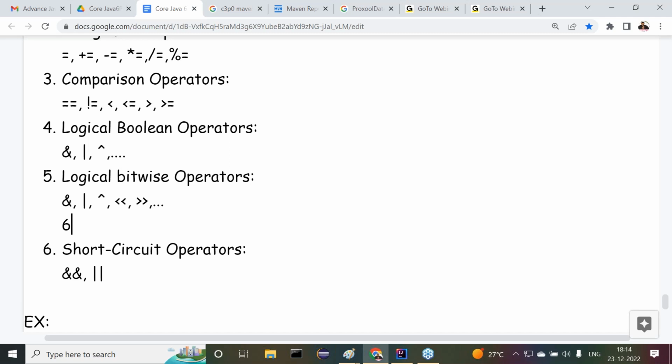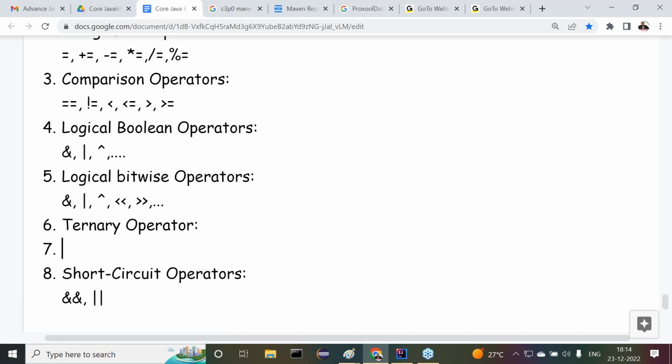In the last session, I have not given one more operator. That operator is the ternary operator. Here we have to understand what this ternary operator is: expression 1 question mark, expression 2 colon, expression 3 semicolon. This is exactly the meaning of the ternary operator.